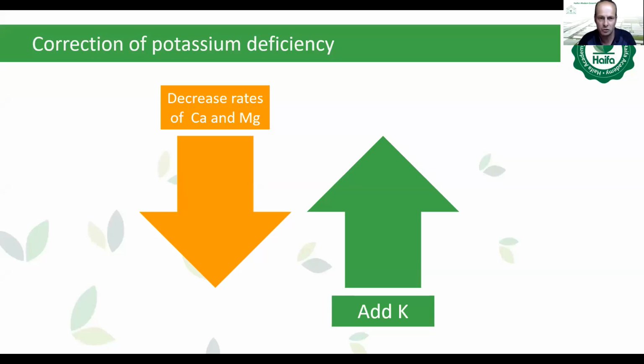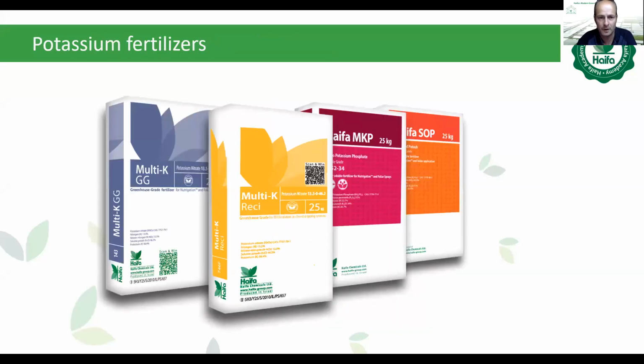So try to see where the problem is coming from and try to manage the requirement of the different fertilizers. And also here, worldwide available potassium nitrate, MKP, which is in the requirement for the phosphorus, but knowing that also potassium is inside this fertilizer.